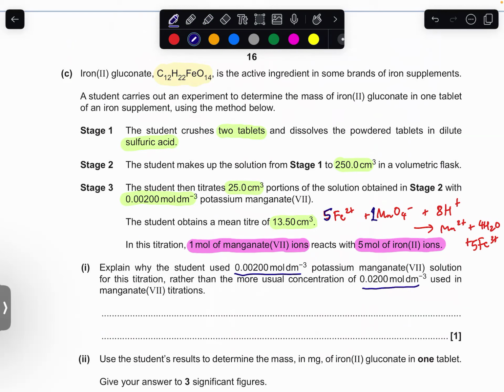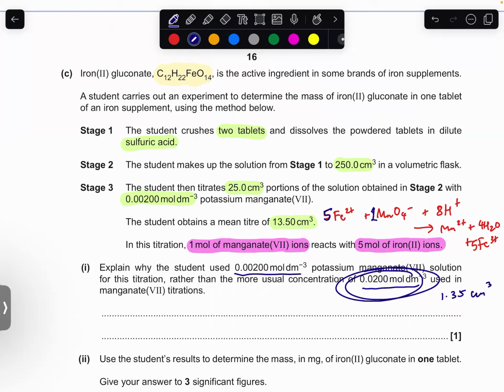Well, this is the titer that was used here, 13.5. If we used 10 times greater concentration, the titer would only be 1.35 centimeters cubed.